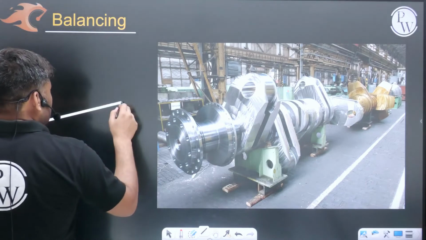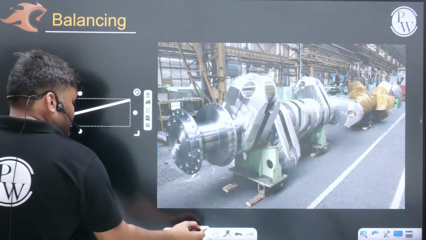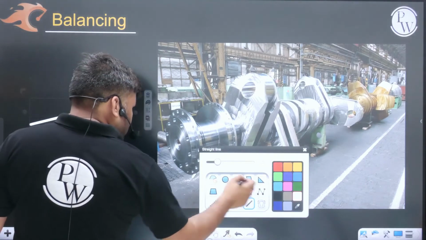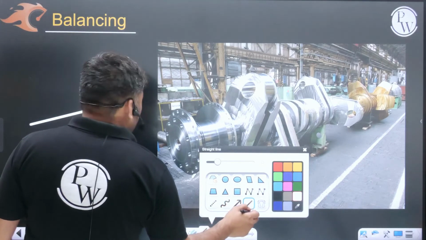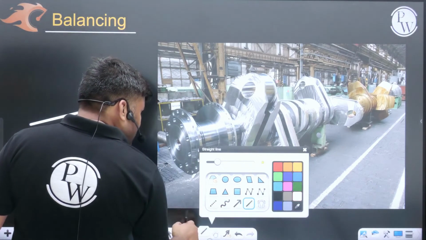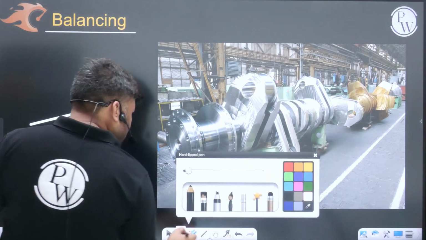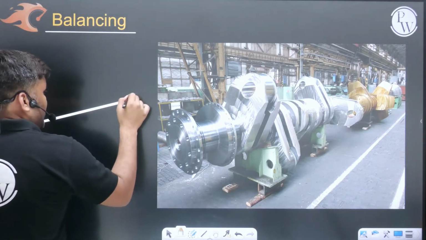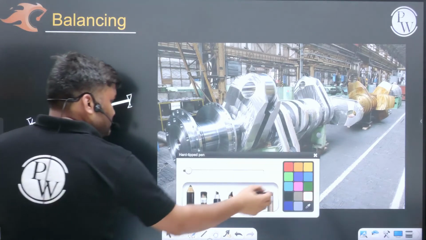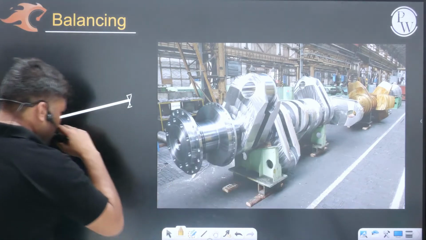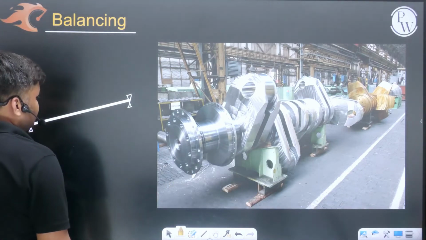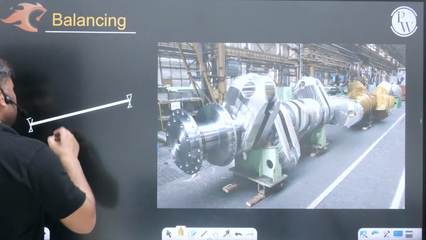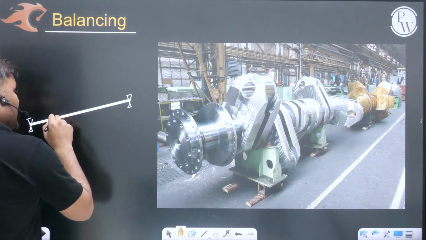Sir, this is your crankshaft, which is going to rotate about certain bearings. I am trying to make this diagram in 3D. Just bear with me. One crank is here.